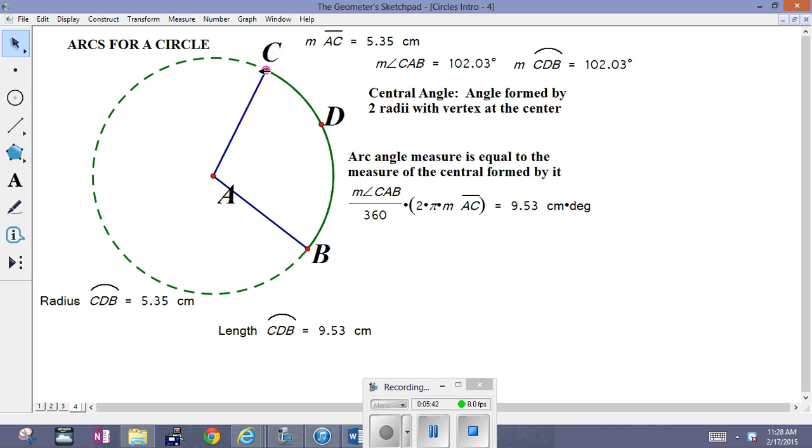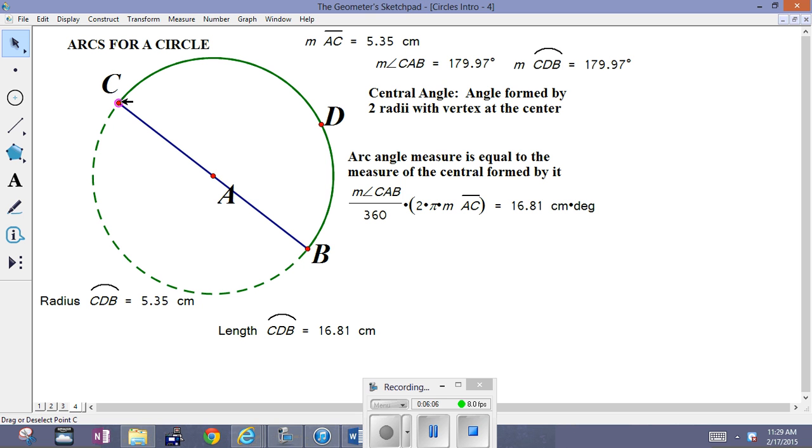A minor arc is an arc which is less than 180 degrees. When the arc reaches 180 degrees, which is right about now, it is becoming a semicircle. The semicircle needs to be named with three letters, three points on the circle.